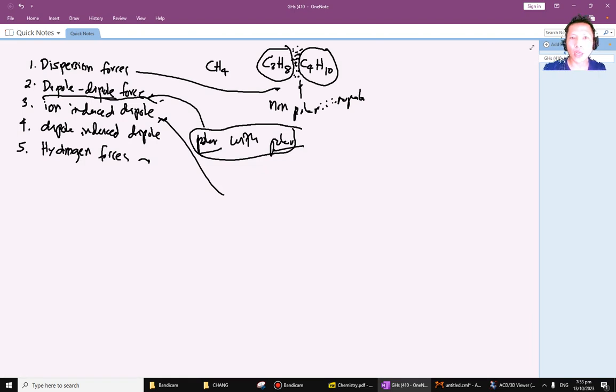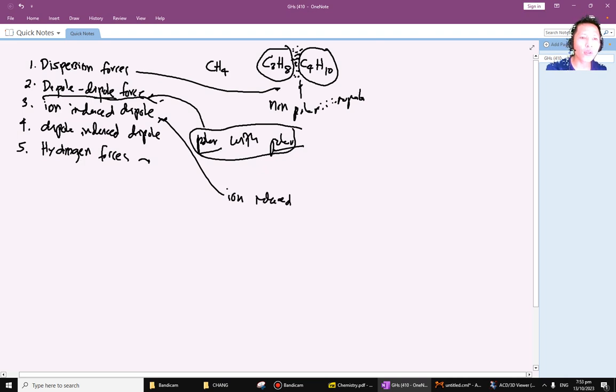So if you talk about charges and you have ions with respect to other types of molecules, the force in between them is an ion-induced dipole, from the name alone. So ion wins. So ion-induced dipole.